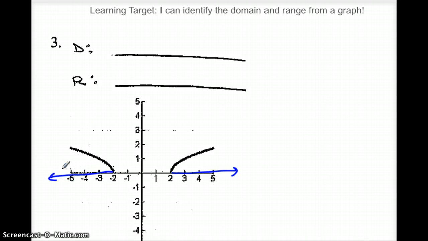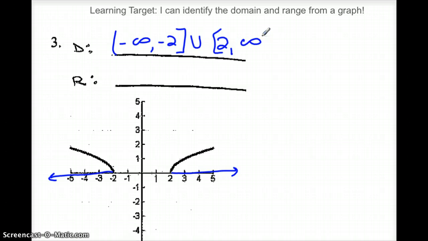So a graph representing this left part would be -infinity to -2. Brackets around the -2 because it is on it. And I'm going to join this so we make a union. So we write a U with 2 to +infinity. And again, a bracket because it's on the 2. So remember, this is going left to right.